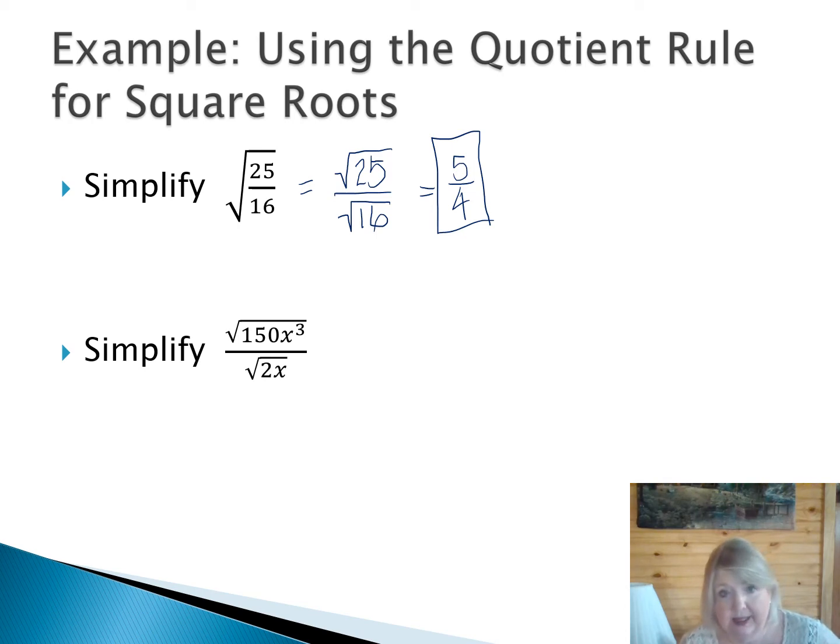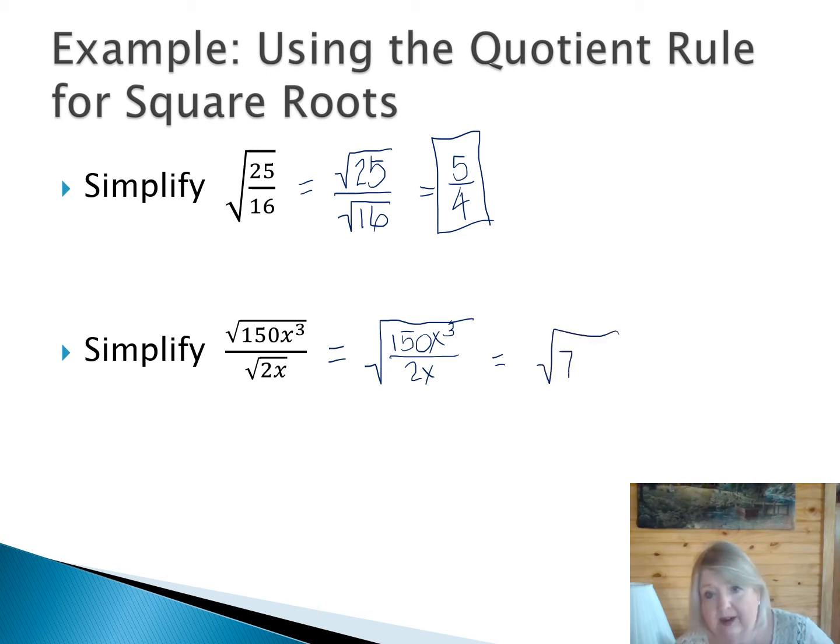However, take a look at this next one. I like when it's numbers like that. I don't want to break down 150 and then see if I can cancel everything out. But there are two equally good ways to do it, and I'd like to take a minute and show you both if you don't mind. A lot of students just go ahead and put it all into one and then simplify what they have as a radicand. 150 divided by 2 is 75.